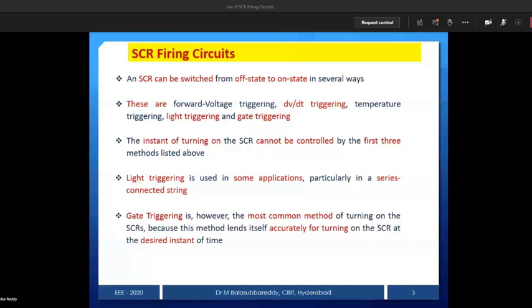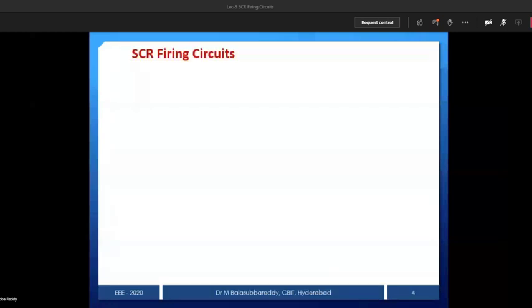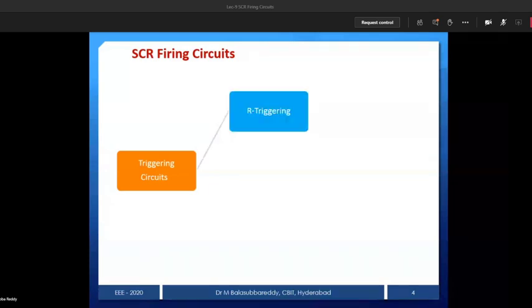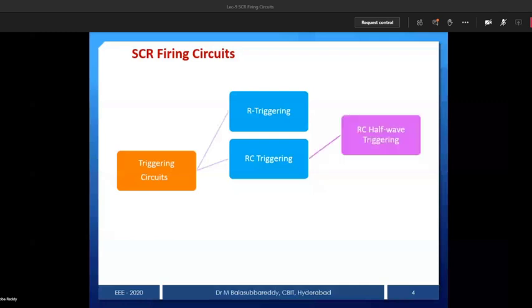Now we'll see some classifications of triggering methods or firing methods. In general, we have R triggering, then RC triggering. RC triggering has again some classification: one is RC half wave triggering, then RC full wave triggering. We'll observe one by one the advantages and disadvantages of all these methods.